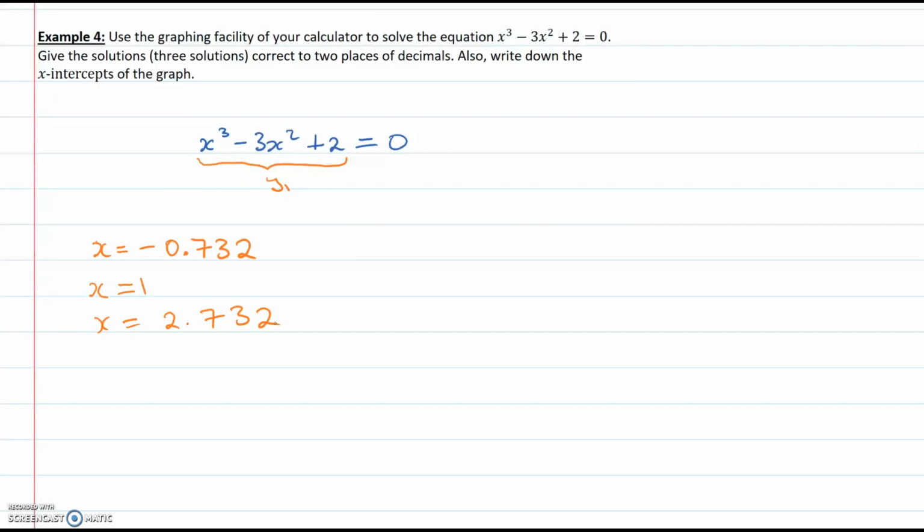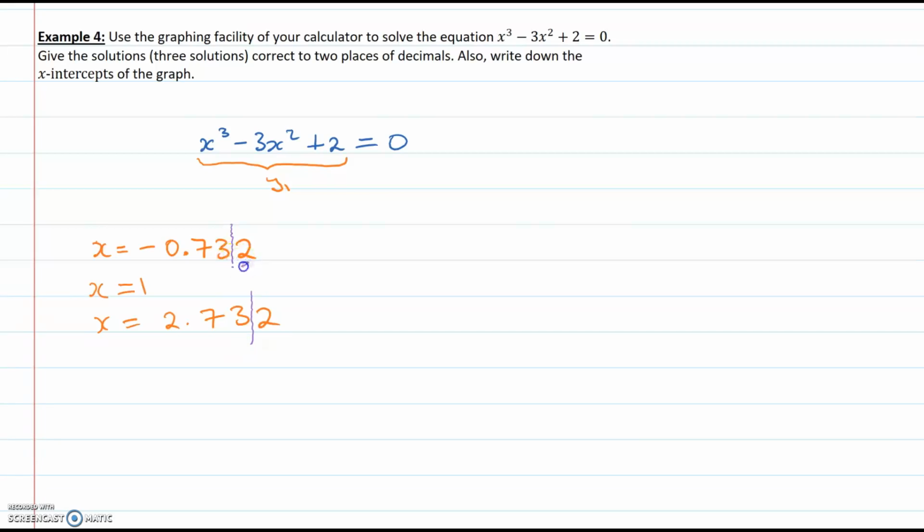Those were the zeros. There are 3 zeros, 3 solutions to that graph, and we want to write them all correct to 2 decimal places. To do that, we draw a line after the second decimal place, so after the 3. The 1 doesn't matter, it's just 1. And 2.73, so after the second decimal place, draw a line.